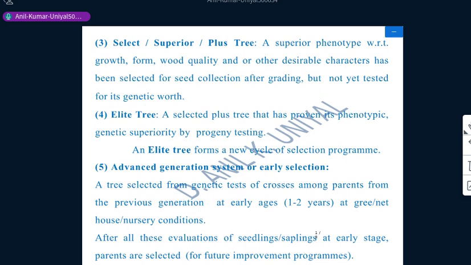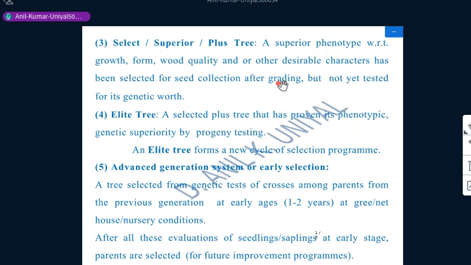Now we have a third step, that is select superior or plus tree. Among those 150 trees, a superior phenotype with respect to growth, form, wood quality and other desirable characters is selected for seed collection purposes after grading. So these plus trees are selected among those 150 trees after grading. The top 10 of 150, or top 50, as per your need.